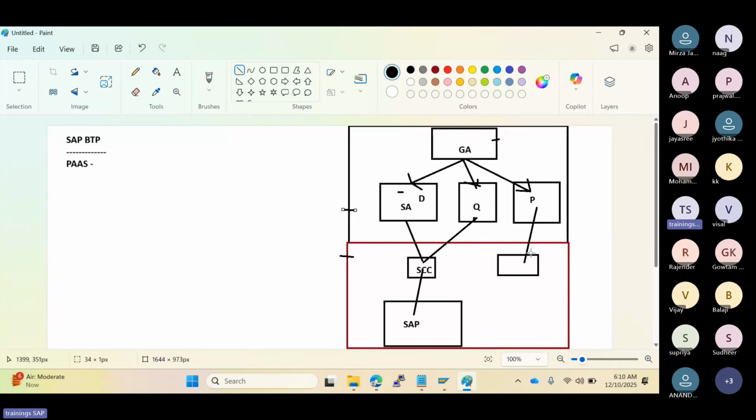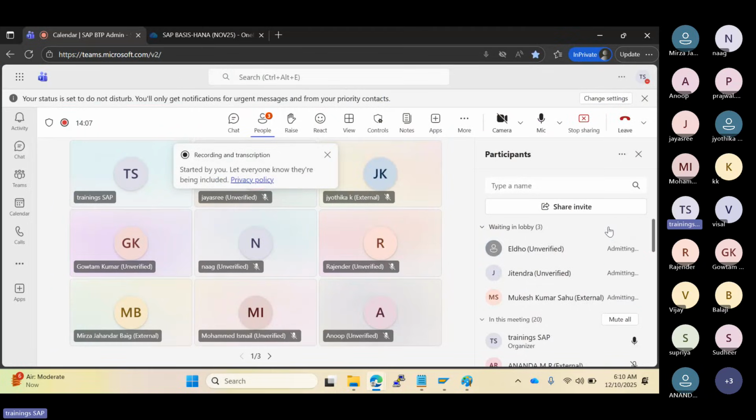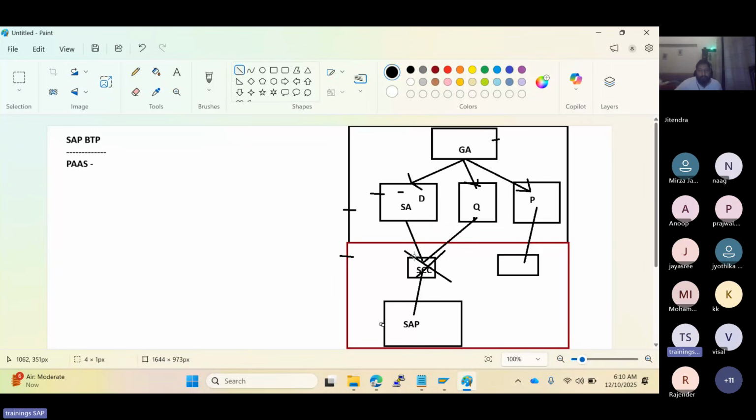In case the cloud connector is down or something breaks, the connectivity between your cloud services and the on-prem systems, cloud to on-prem, will be gone. Your connection is lost, and there is no communication between the cloud applications and on-premises. Then you may face some business impact for the production systems.